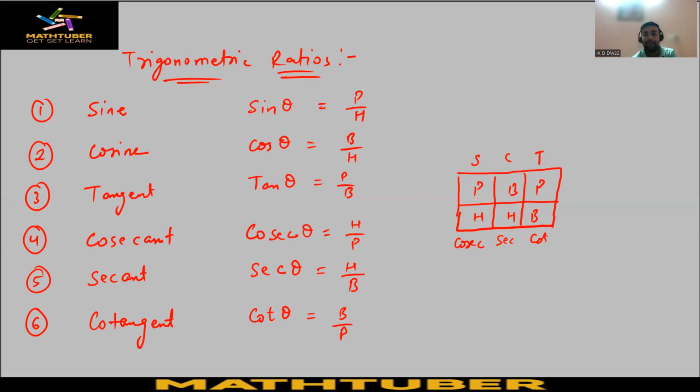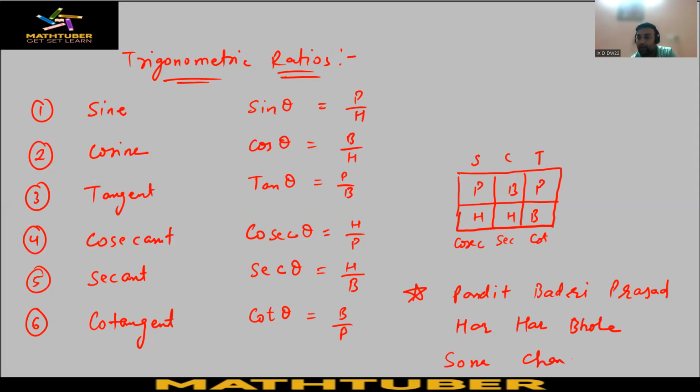So cosec is H upon P, sec is H upon B, and cot is B upon P. So the line is, I am writing it here, Pandit Badri Prasad, Har Har Bhole, Sona Chandi Tole, right? So this is the line by which you can learn these ratios here.